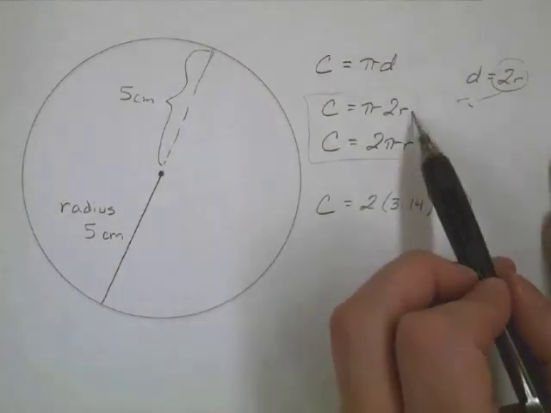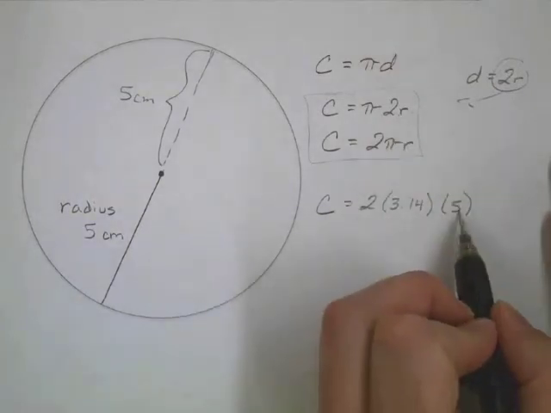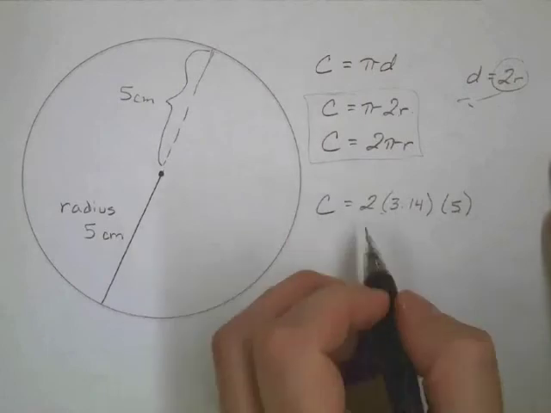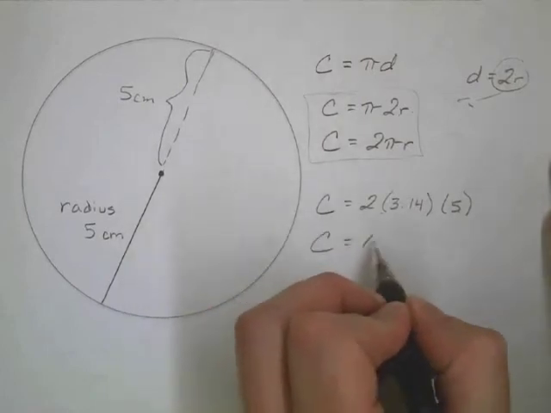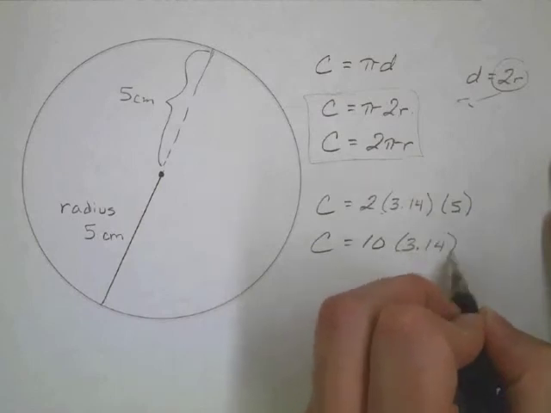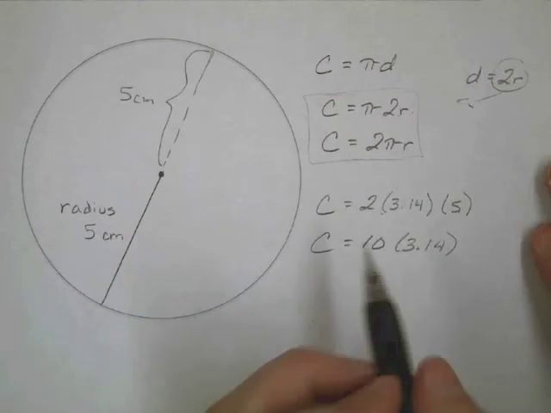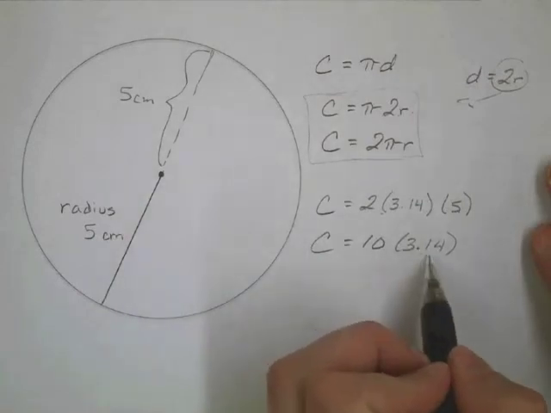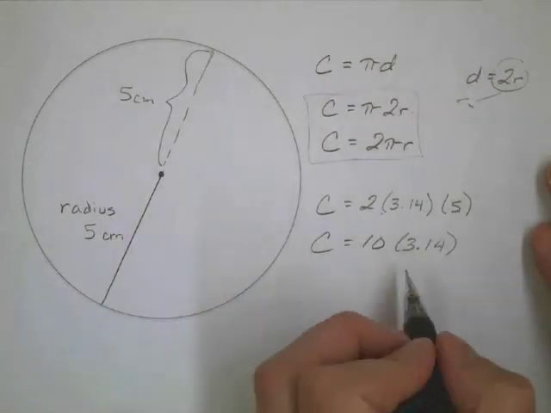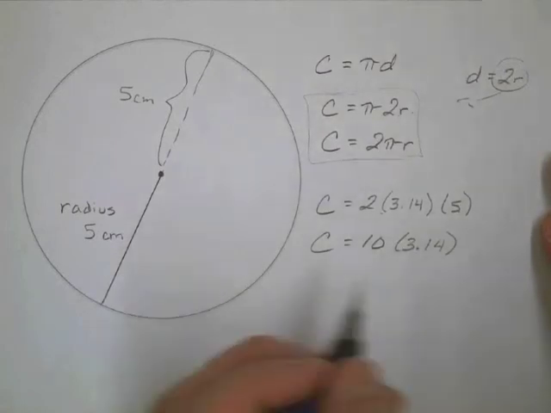So the 2 multiplied by the radius: 2 times 5 is 10. So I can say 10 times 3 14/100ths. Well, I know that if I multiply a number by 10, it's like moving the decimal place 1 to the right. And so I should come out with 31 4/10. But I can double check that too.